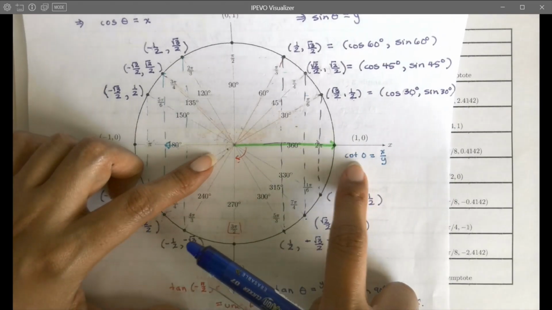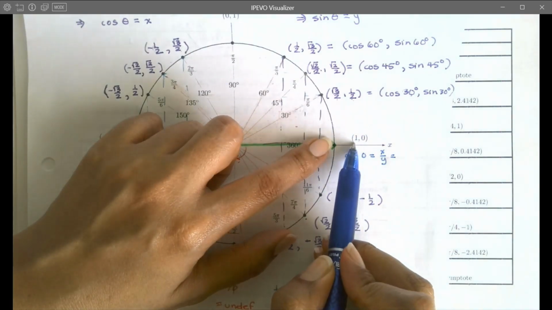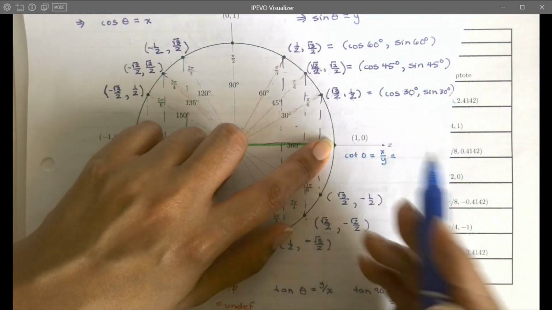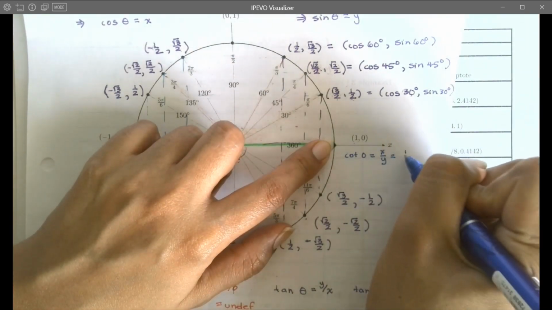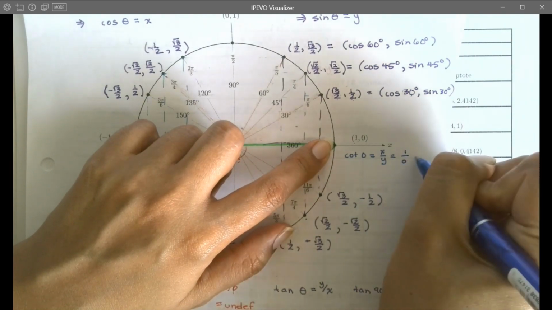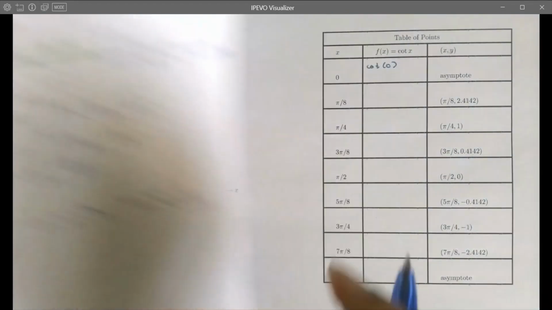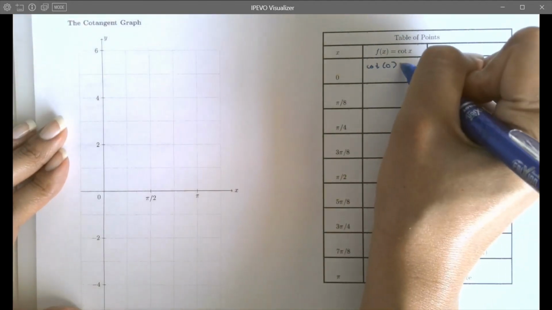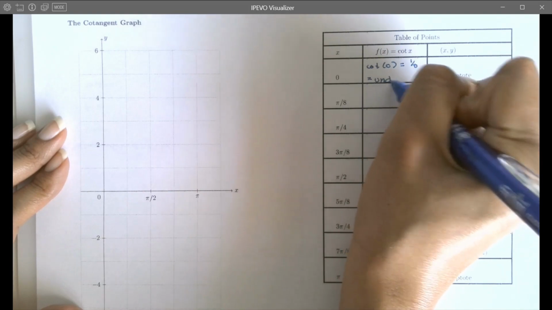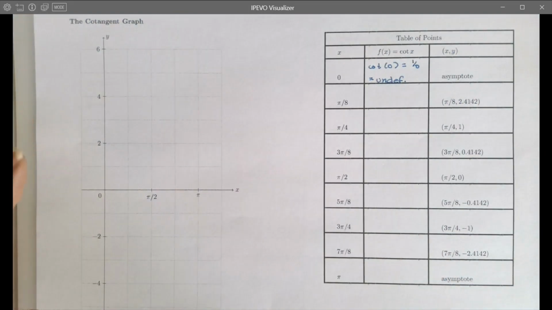So cotangent will be x over y, and if you look at the values of x and y, we get an x value of 1 and a y value of 0. So this is going to be undefined. Here we're going to get 1 over 0, which is undefined. And that corresponds to an asymptote.